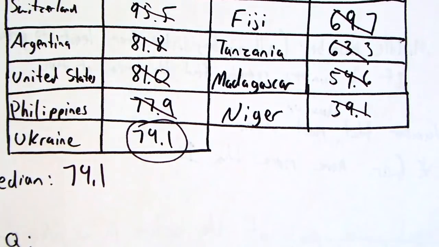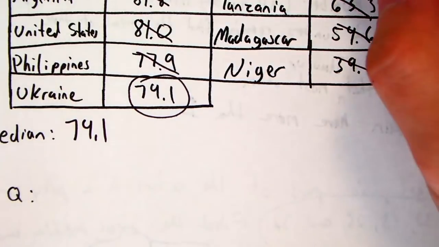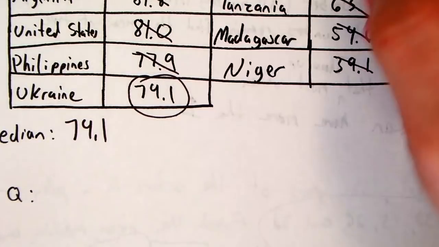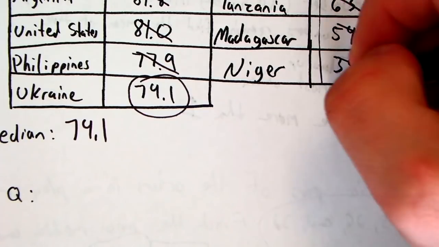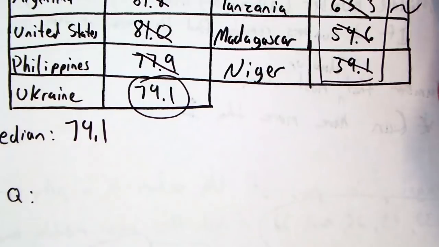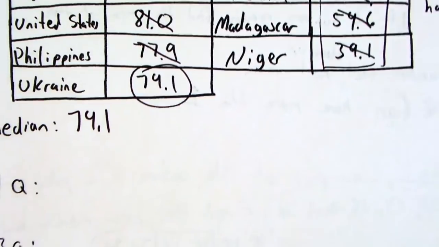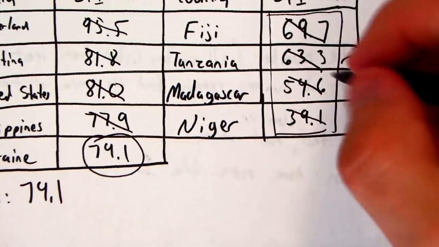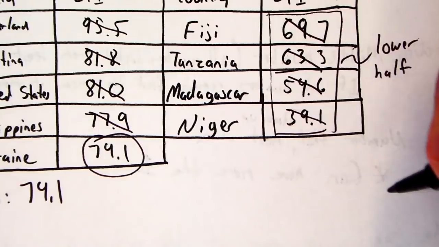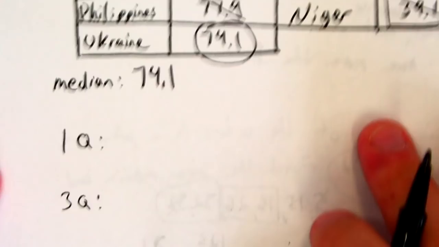Now, in order to find the first quartile, we want to look at the lower half of these numbers. We've already used 74.1, so that cut this data in half. This here is the lower half, and the first quartile is the median of that lower half. So the median would be right in between 63.3 and 54.6.